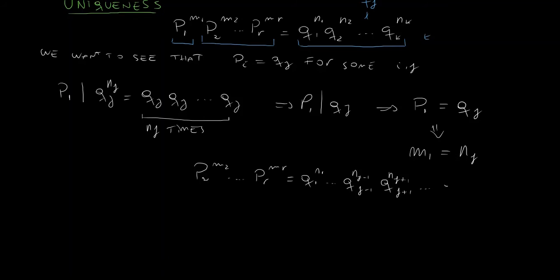We keep multiplying until we get to the last element, because qj was removed when we divided by p1 to the power m1, because p1 and qj are the same.